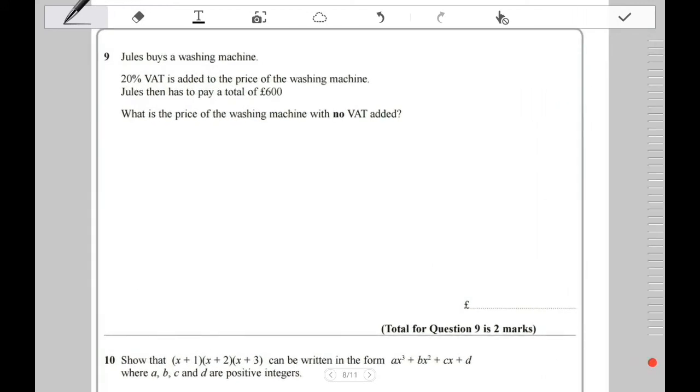Okay, so the way to approach this question is we can say let X equal the original price, and then X multiplied by some number should give us £600. Now, since it's a 20% increase to the price, one way of writing it is 120%.